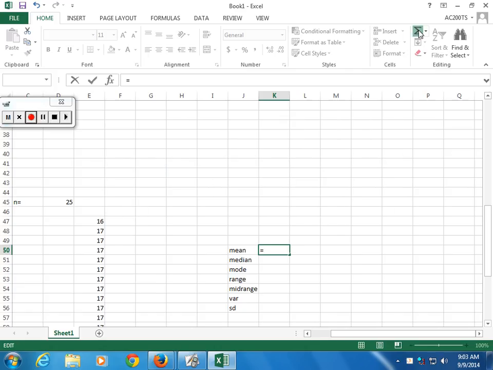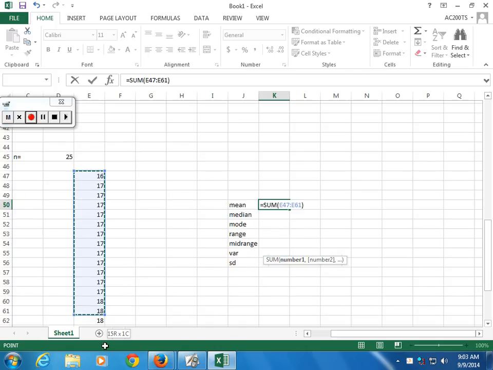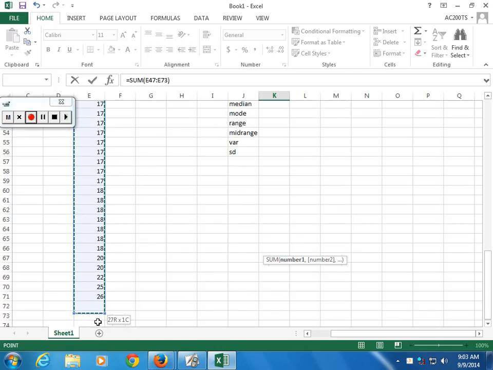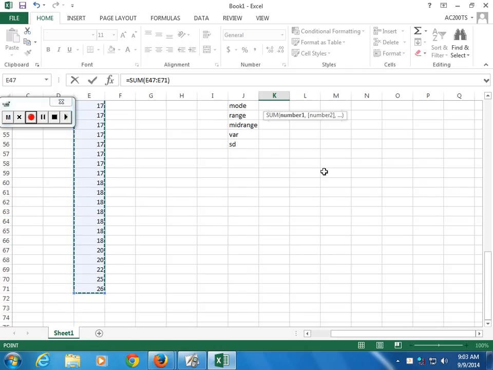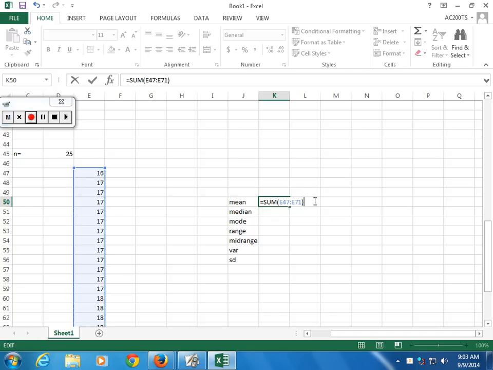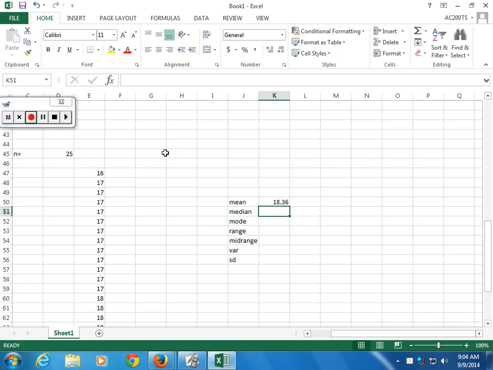Equals summation. Okay, didn't like that either. There we go. Summation of all these guys divided by n. 18.3. Is that what y'all got?